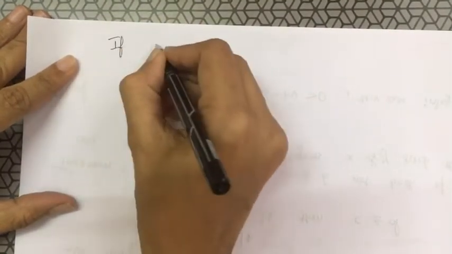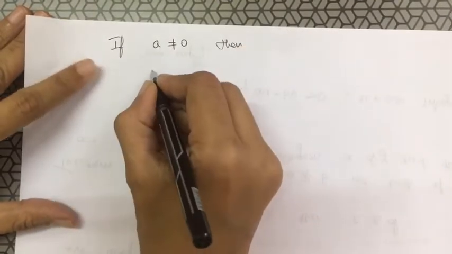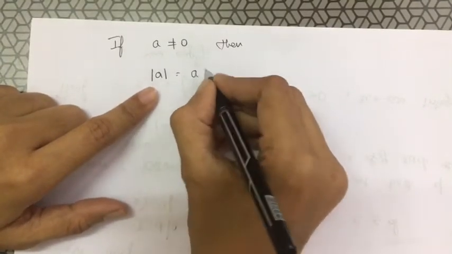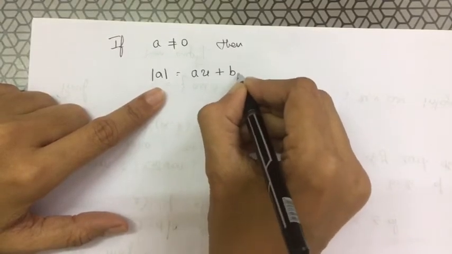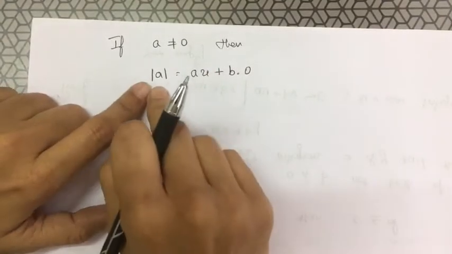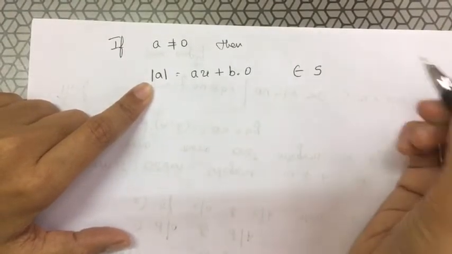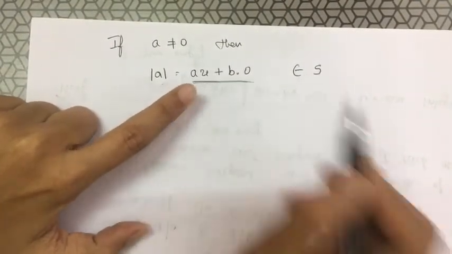Now for example, if a is non-zero, then mod a is an integer, and I can write it as the linear combination au plus b into 0. Now this element belongs to my set S. Any such integer can be written like this.